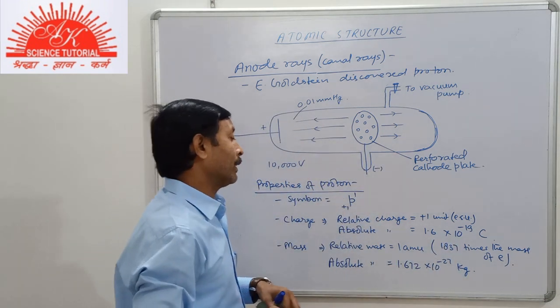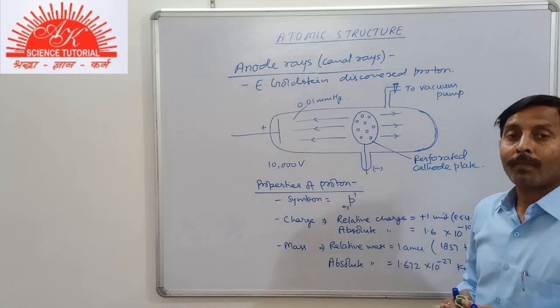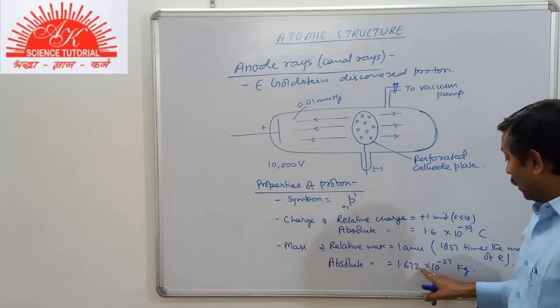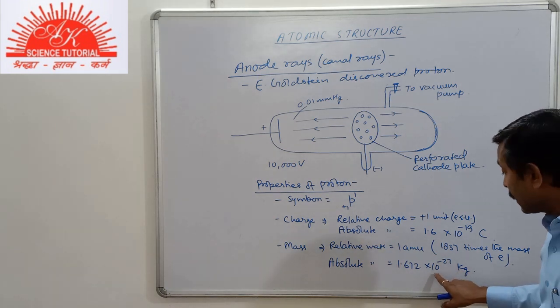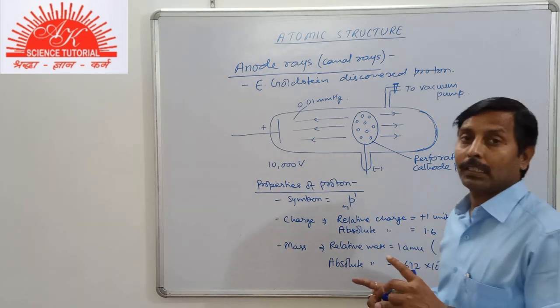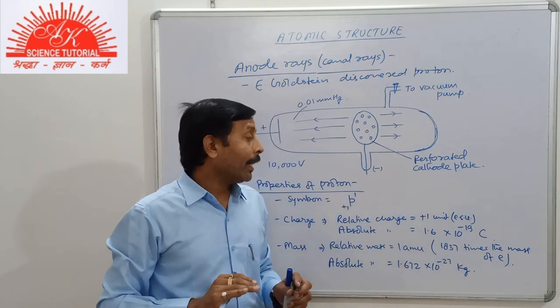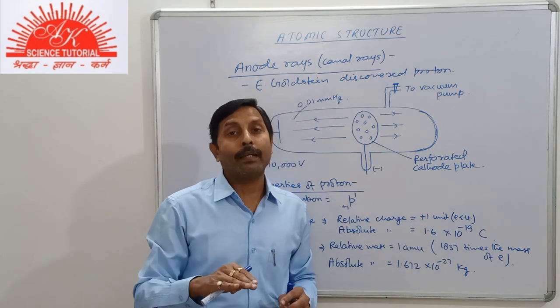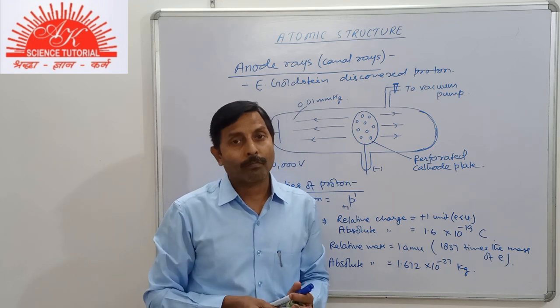Now, just see here, students, the mass of an electron was 10 to the power -31 kg, and here it is 10 to the power -27 kg. It means that the mass of a proton is about 10,000 times more than the mass of an electron.